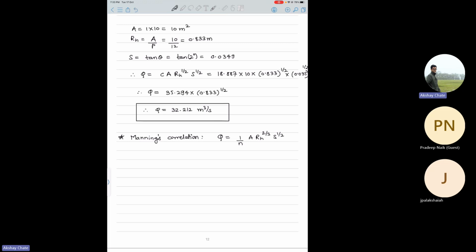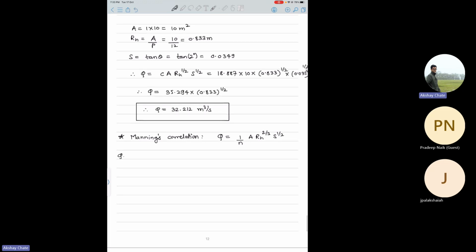So I can frame a question like this. If in a rectangular cross-sectional open channel flow, width is 3 times the flow depth.